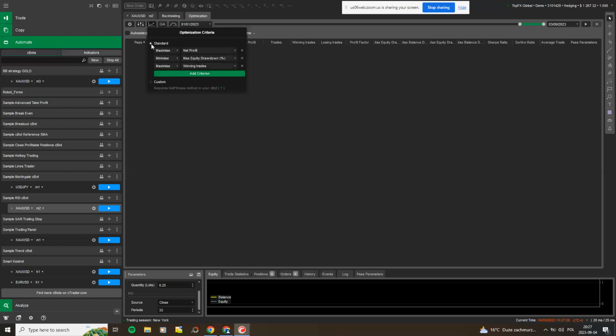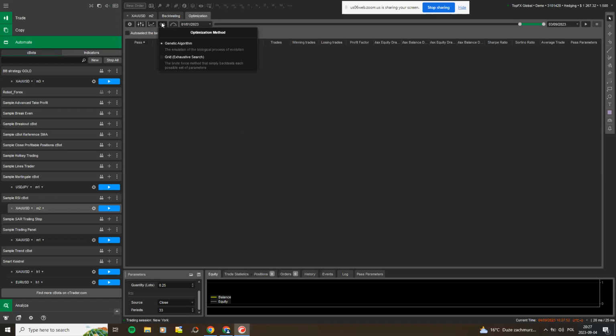We stick to standard. We can add more criteria, for example, we want to minimize losing trades. Just for example, we want to maximize winning trades and minimize losing trades. But we will stick with the standard ones.